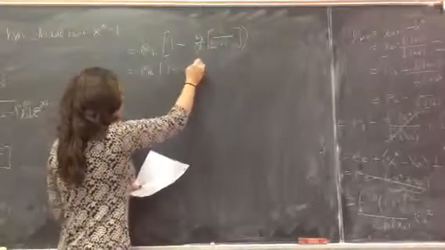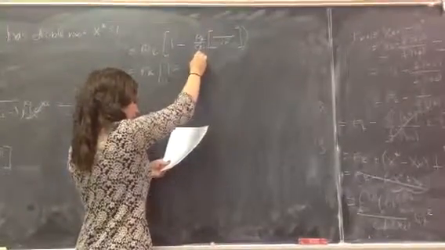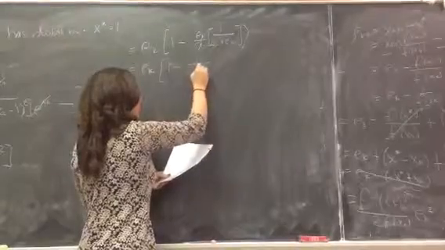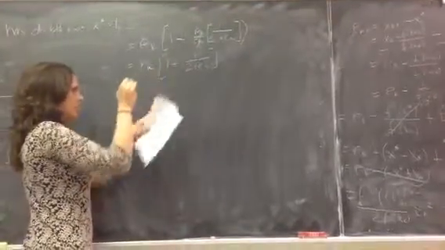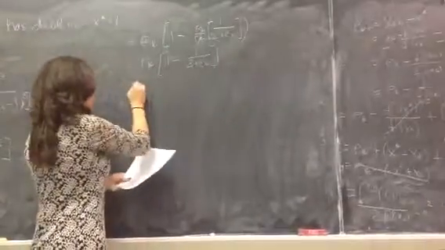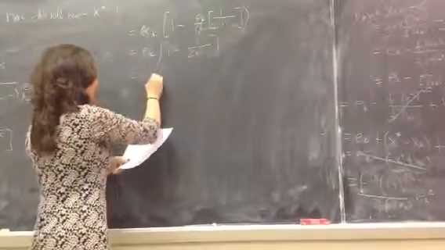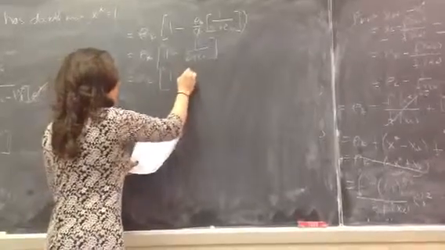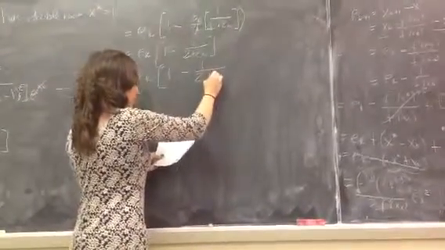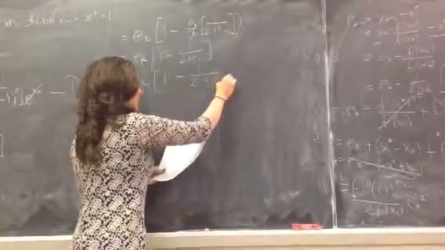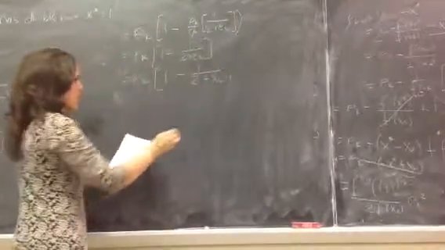And this is 1 minus 1 over 2 plus e_k, and e_k we can write as x_k minus 1.